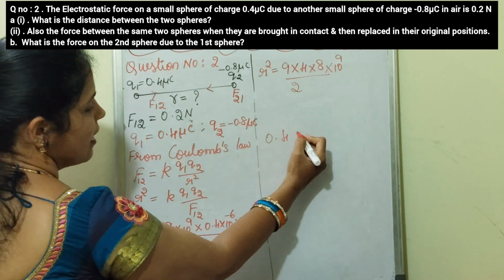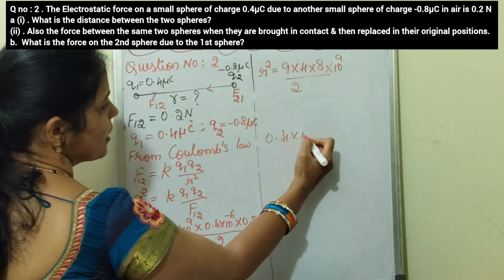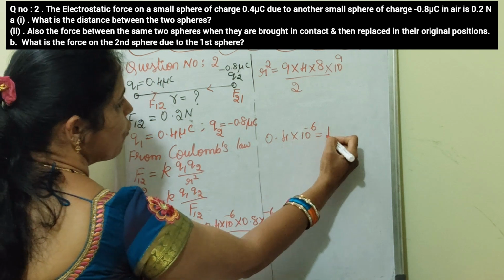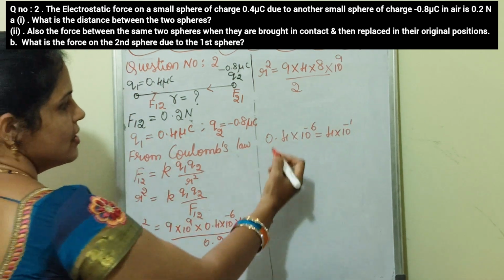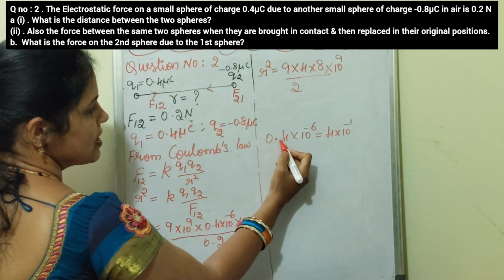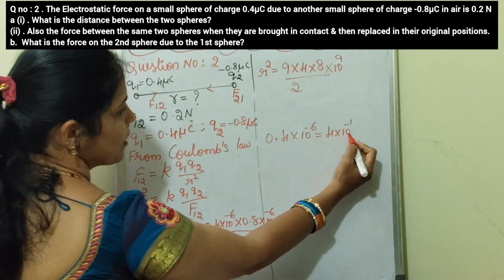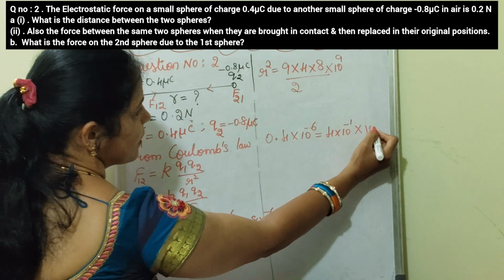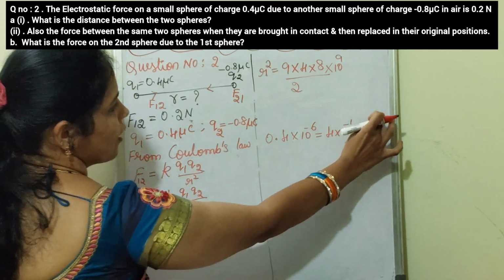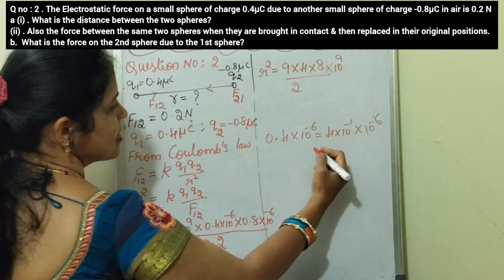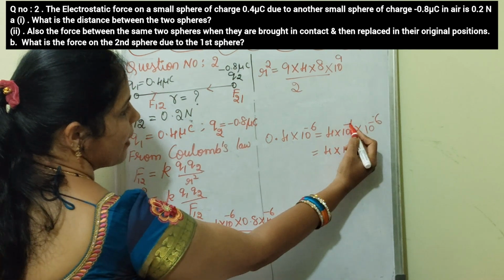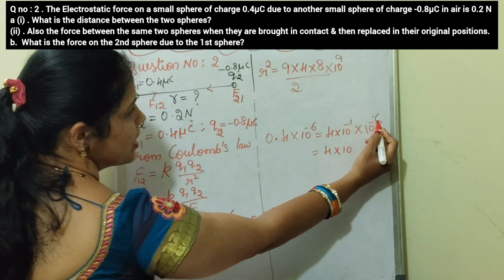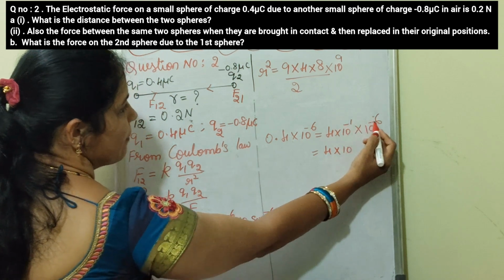0.4 can be written as 4 into 10 to the power minus 1, right? So here there is one decimal point. That means 0.4 into 10 to the power minus 6 is 4 into 10 to the power minus 1 into 10 to the power minus 6, which will be 4 into 10 to the power minus 7, as you need to add minus 1 and minus 6.